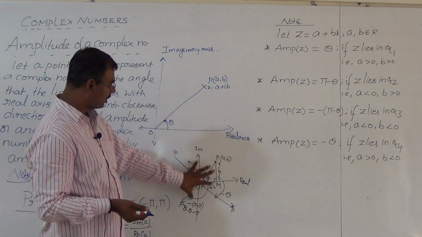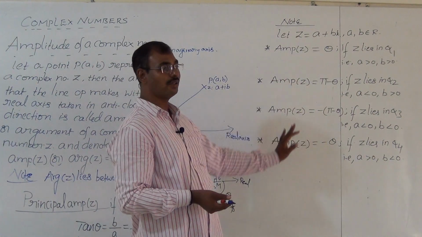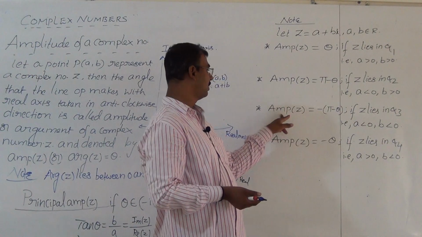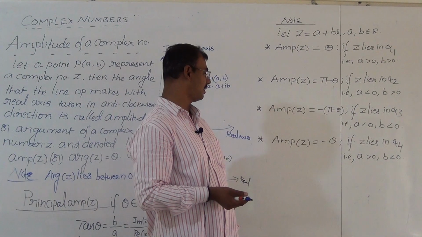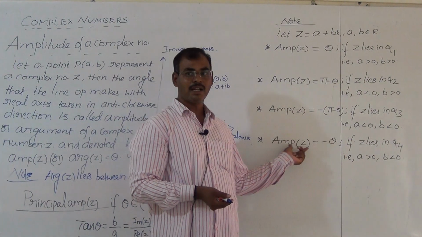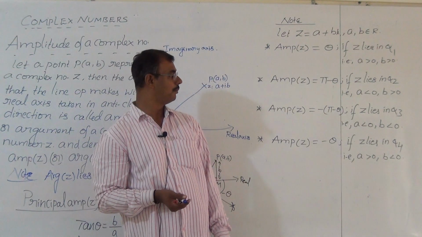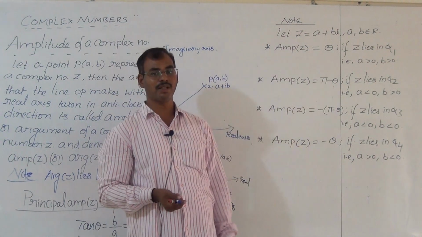Even if you are not understanding these things, if you remember these points, we can easily solve the questions. If z lies in the third quadrant, the amplitude of z is minus of pi minus theta. If z lies in the fourth quadrant, the amplitude of z is equal to minus theta. All of you remember this table, it is very, very important.